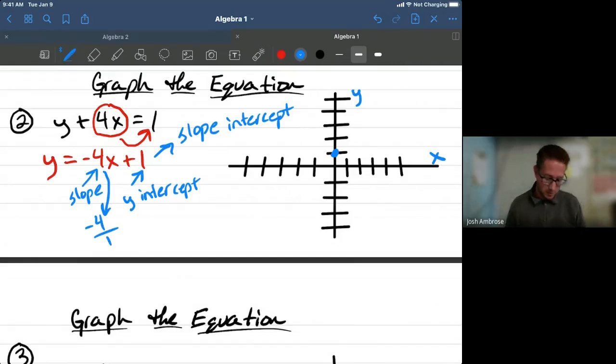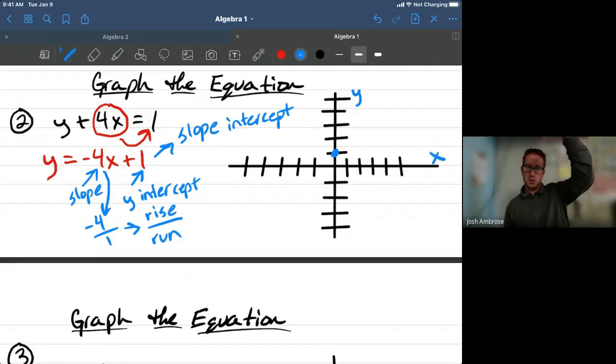So we are learning very, very soon that that is also represented as the rise over the run. So negative 4 means go down 4, and then the run means go to the right 1 time. So let's represent that. We're going down 1, 2, 3, 4, and then we are running 1 time.